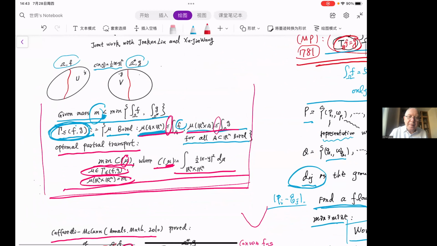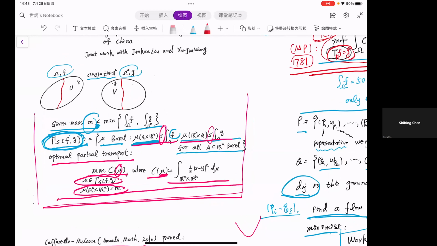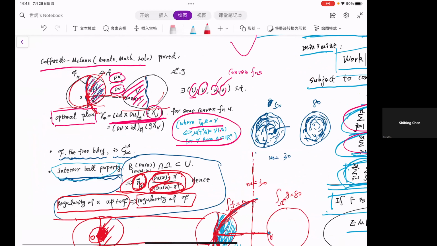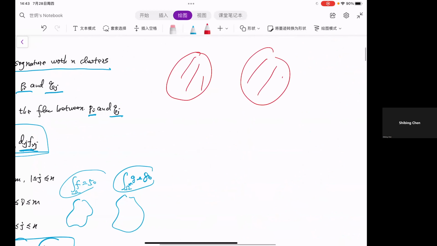Okay. Yeah, thanks, Michael. It's a very nice question, right? So the situation is quite different. Let me explain a little bit about this. For the distance square, even for the classical optimal transport problem, like omega star, basically the regularity issue can be reduced to study the Monge-Ampere equation.